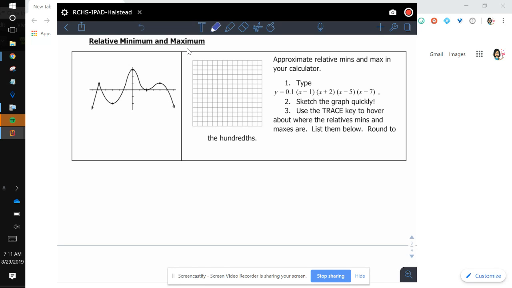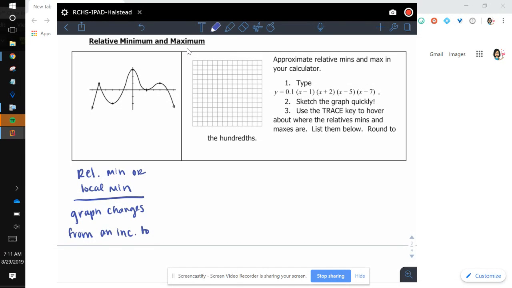Let's say that the relative min, or we also call it a local min, is when the graph changes from an increasing section to a decreasing section.